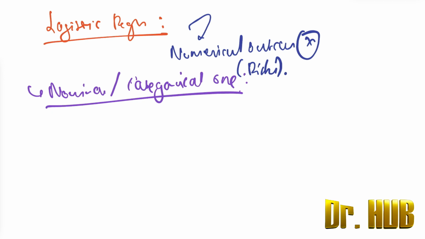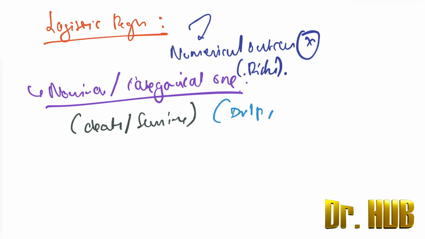What do we mean by a nominal or categorical outcome? By this we mean whether there is a death or the person survives, or develops a disease or does not develop a disease. Here the relationship between the variables will not be linear.